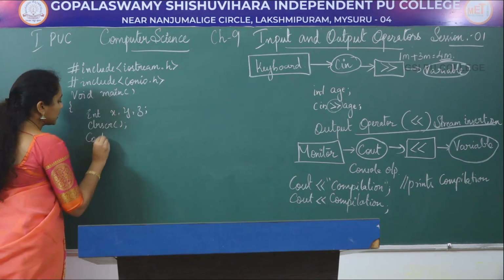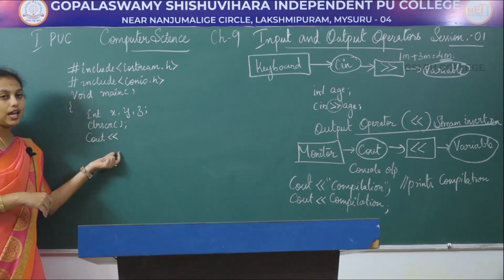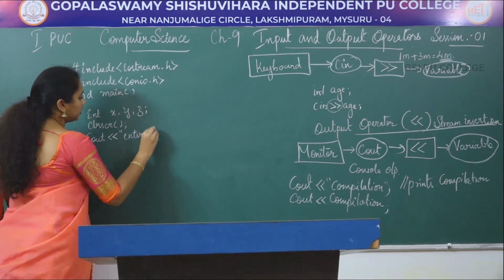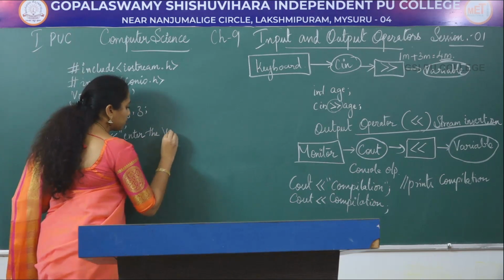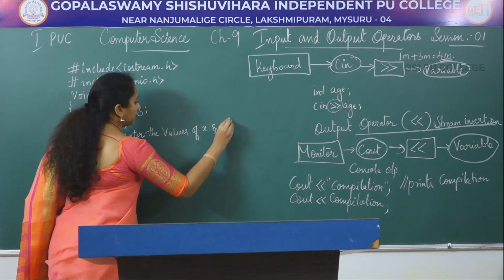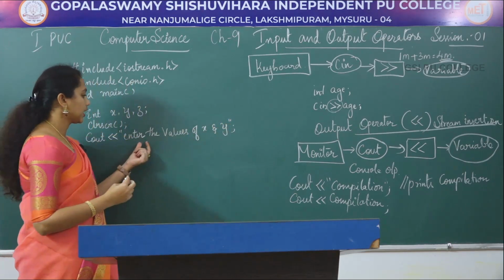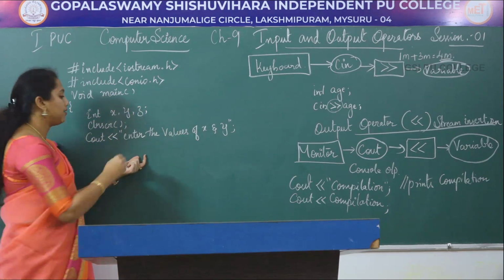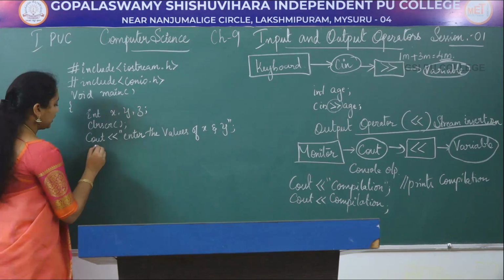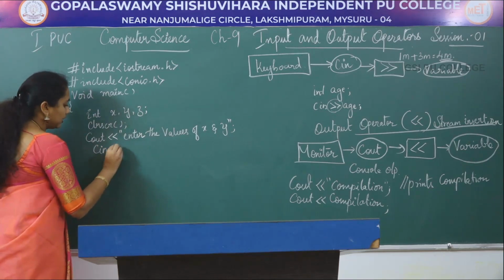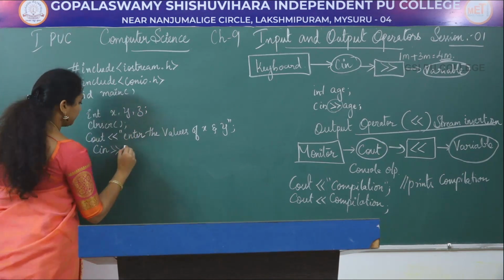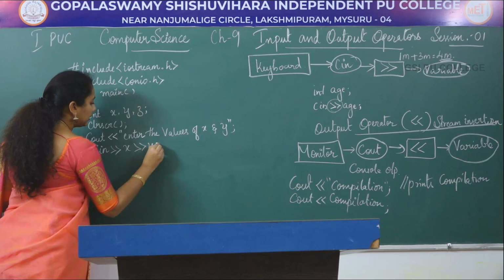Next, using the cout statement, I am going to print "enter the values of x and y". I want to print the statement as it is, hence I have enclosed it within double quotes. Next, using cin, I am going to enter the values of x and y.